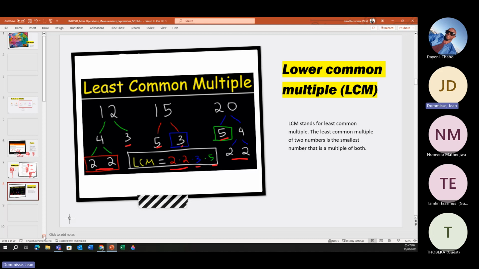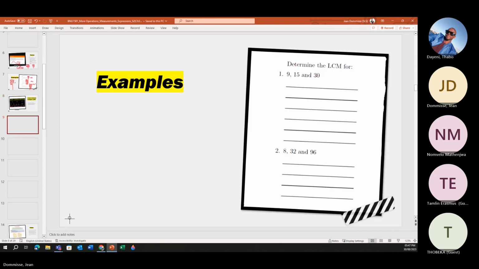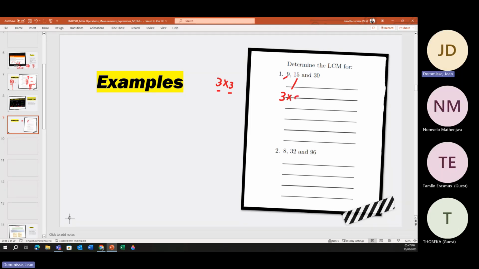So again, with that, we will do a few examples. If we look at 9, 9 will be 3 times 3. If we look at 15, 15 will be 3 times 5. Again, nothing else that we can do there.